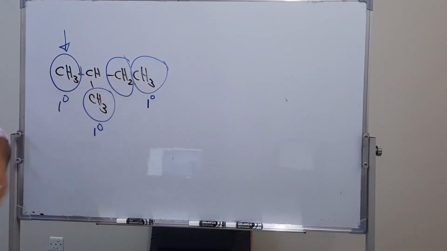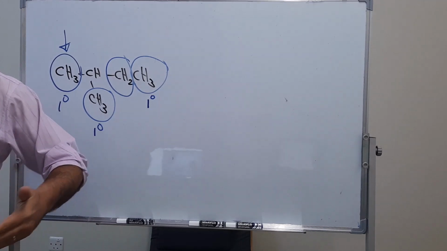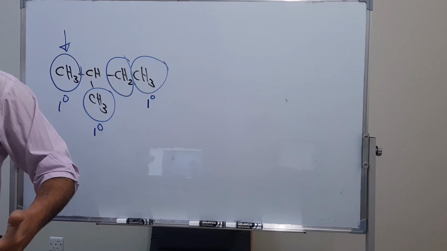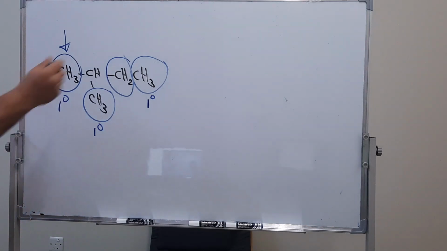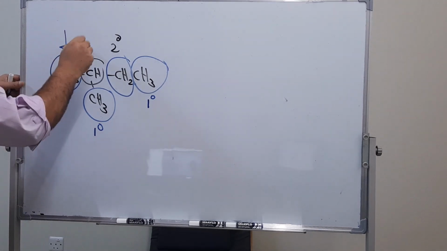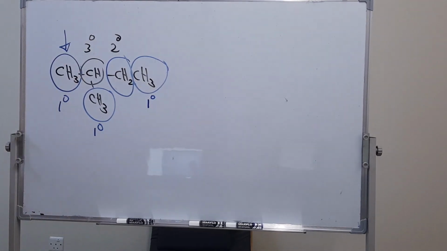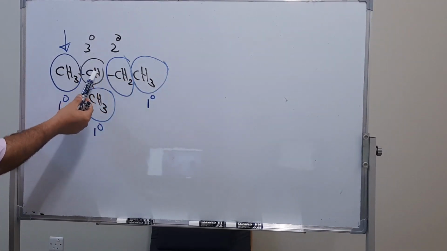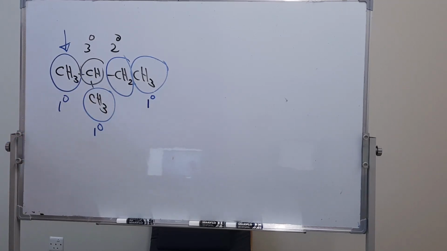According to the classification, we said the classification of the carbons depends on the number of carbons attached to the carbon. So this is secondary. Now, what's the classification of this last carbon? Then what types of carbons do we have in this compound? We have 3 primaries, 1 secondary, and 1 tertiary. This is regarding the carbons.